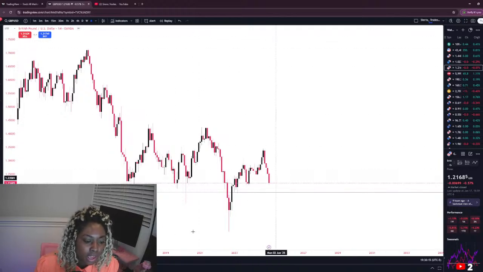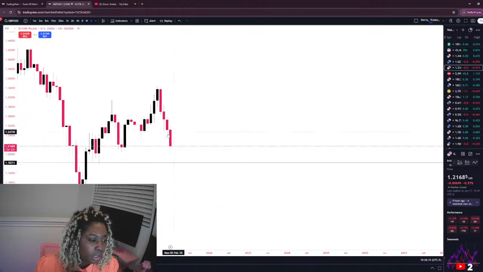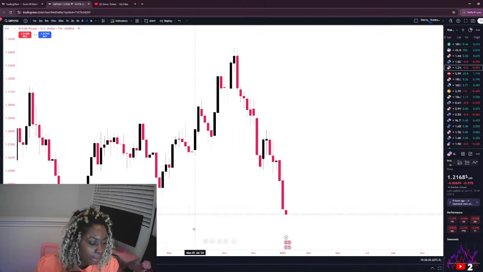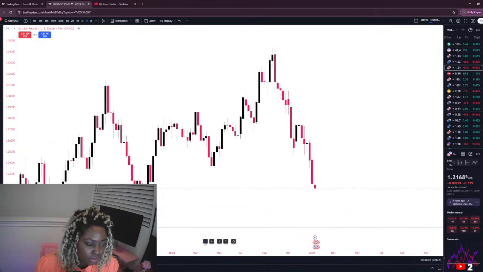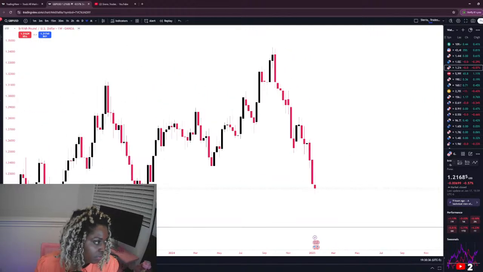And we did break the monthly low, but since price is so far from the monthly low, I'm not going to mark it up. I'm going to just use the weekly CRT levels. Weekly.